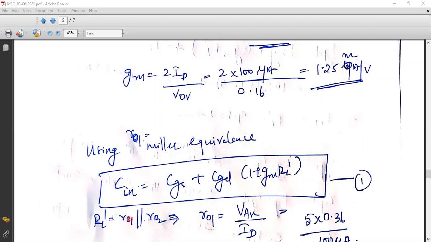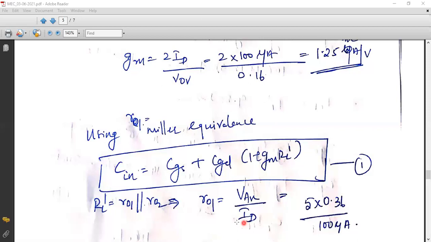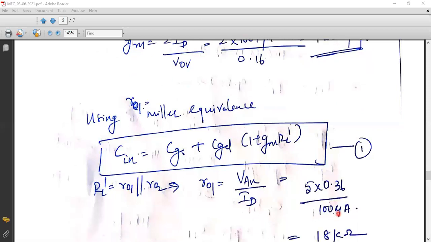So first we will find R01. R01 means it is Q1. Q1 is NMOS, isn't it? The amplifying transistor is NMOS and the current mirror, or the active load, is PMOS. So to find R01, what you will do? R01 as per our equation is nothing but the early voltage divided by the drain current. Drain current is equivalent to the reference current, which is 100 microampere.